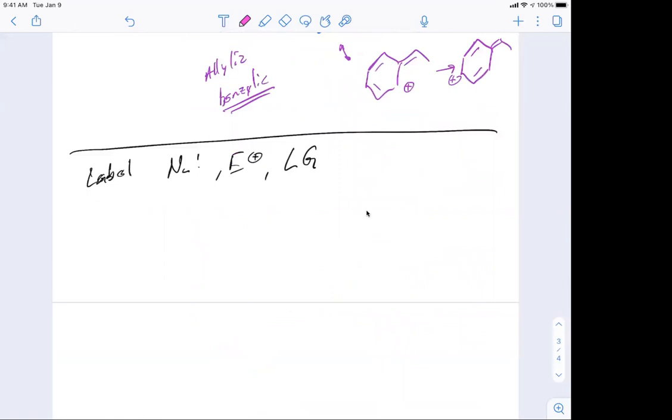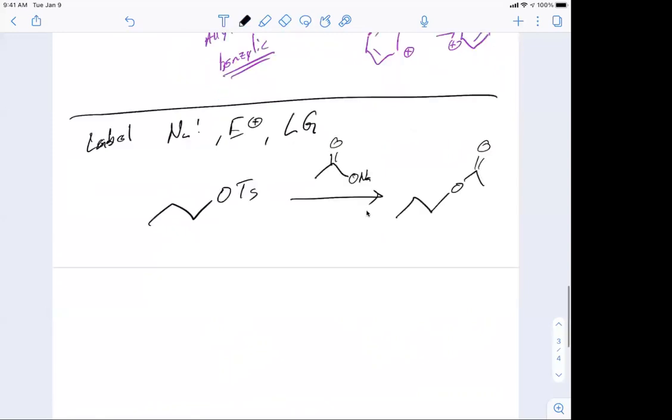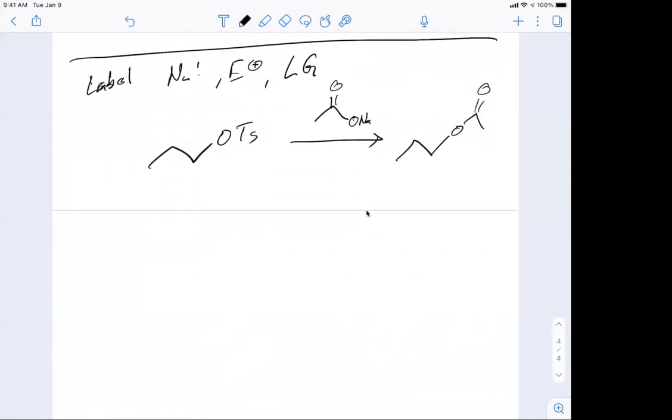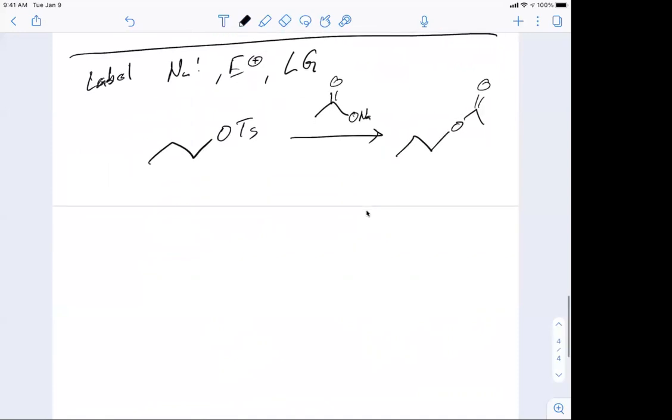You tell me what the nucleophile, electrophile, and leaving group is, and make sure you notice, and let's get away from hot pink. Oh, and if you hold that down, it makes you curve. Notice the direction of the arrow, because that's also going to help you figure some of this stuff out.